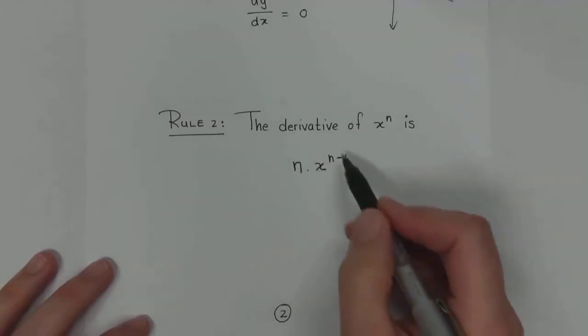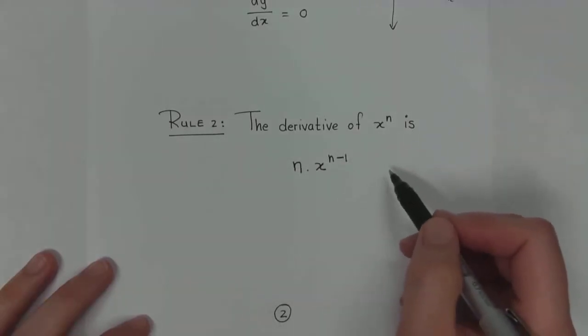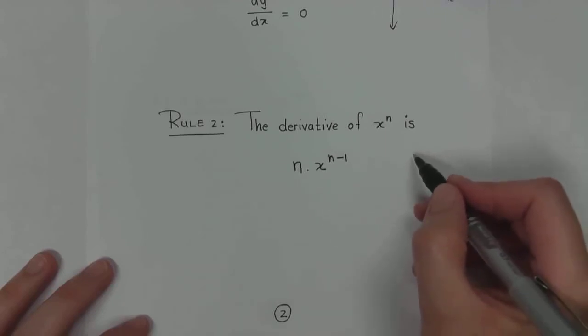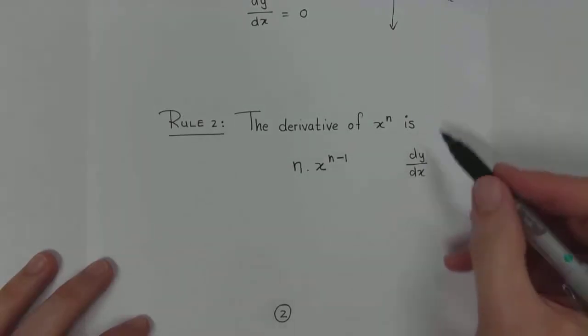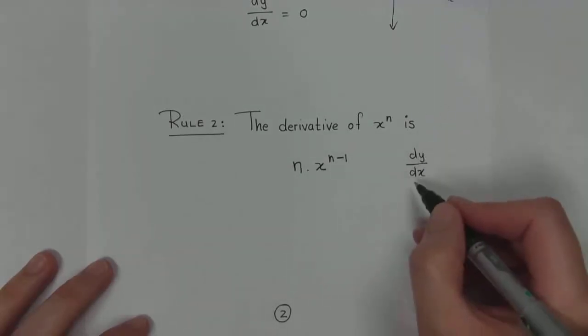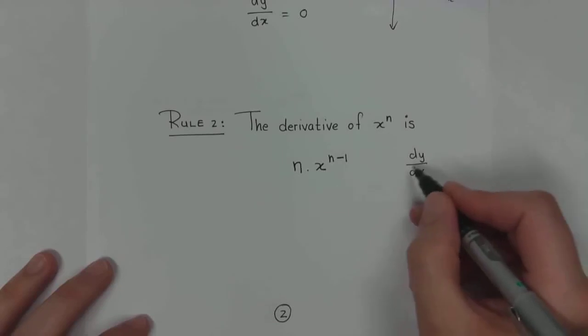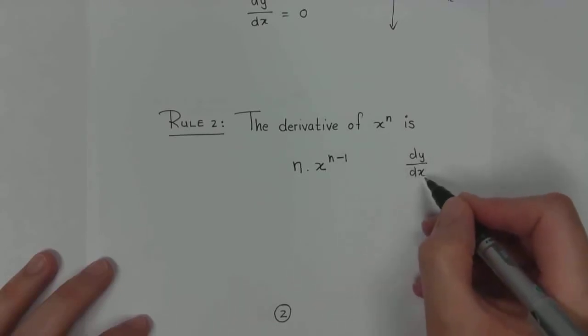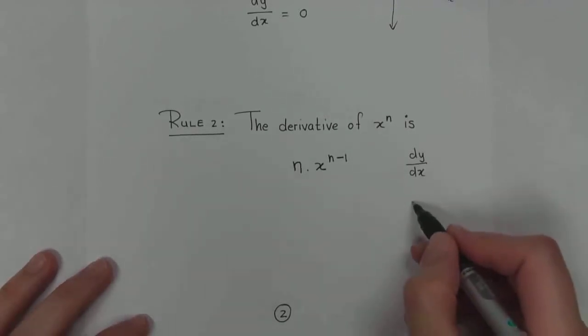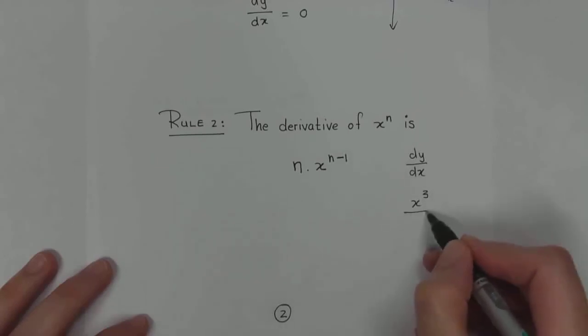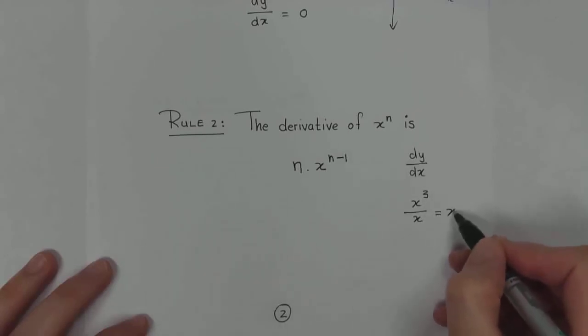Now, this is specifically based on the whole idea of derivatives again. Remember, our notation for derivatives says dy over dx. So we are finding a derivative which is a gradient. Now, if you notice in my notation on derivatives, I'm dividing by the difference in x. If you divide x's, any x with an exponent, for instance x to the power of 3 divided by x, I get x squared.